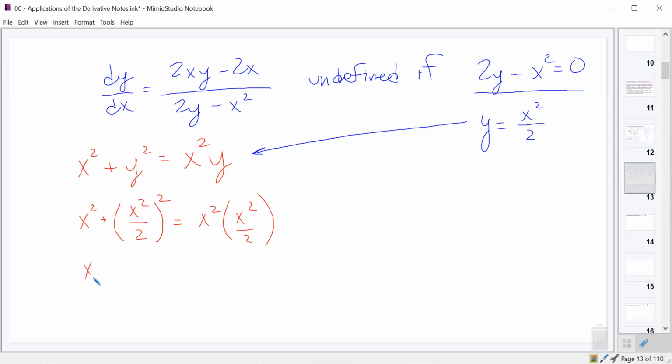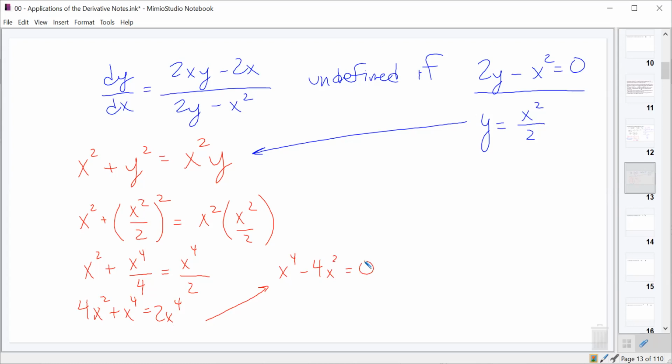Simplifying this out a little bit gives us x squared plus x to the 4th over 4 equals x to the 4th over 2. And now it's just a matter of getting everything to one side, setting equals 0, and factoring and solving. If you want to, you can multiply everything by 4 first to just kind of make it look a little simpler. So if you decide to do that, you'll end up with 4x squared plus x to the 4th equals 2x to the 4th. And we can then see that that will give us x to the 4th minus 4x squared equals 0.